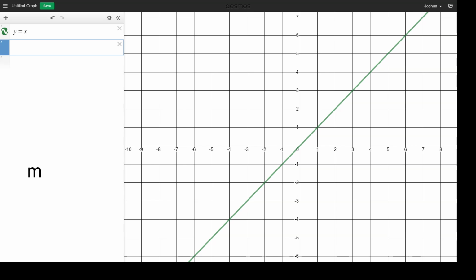Now the way we calculate gradient is using rise over run. By rise, I'm talking about up and down, and by run, I'm talking about across.